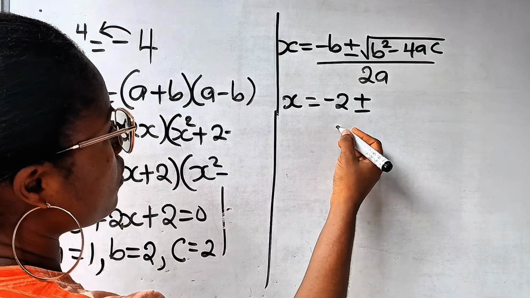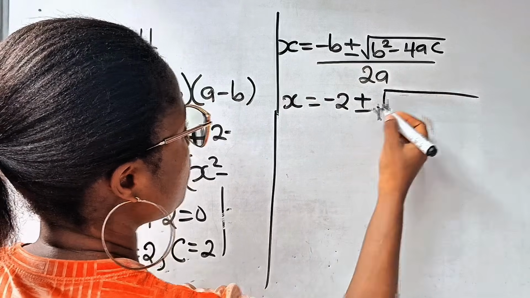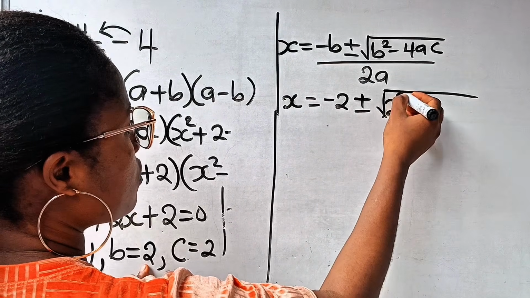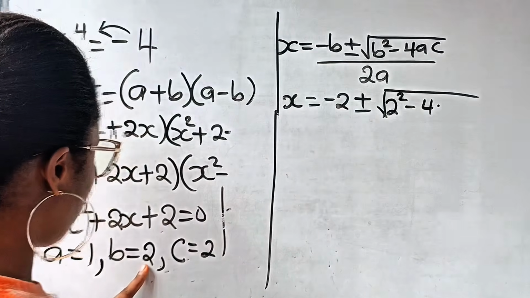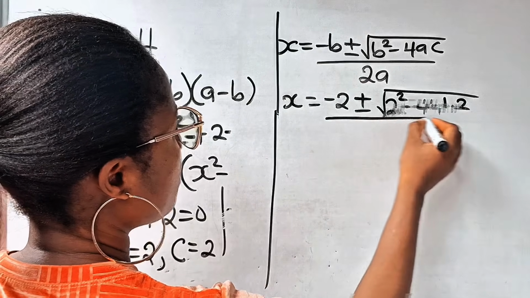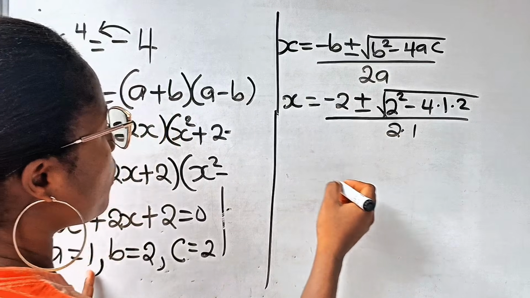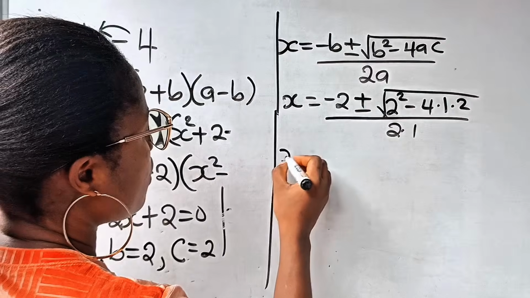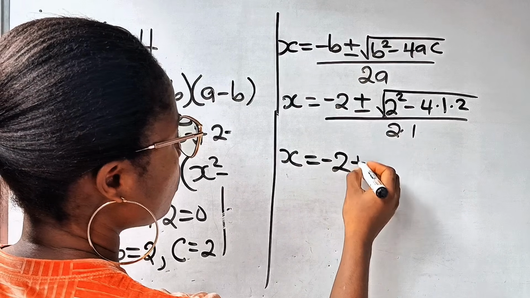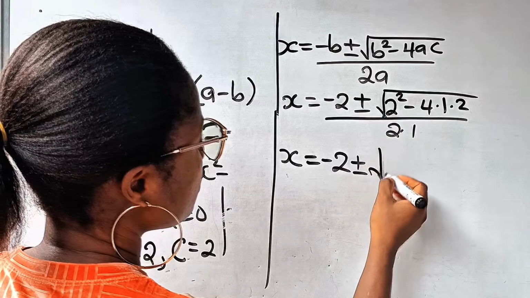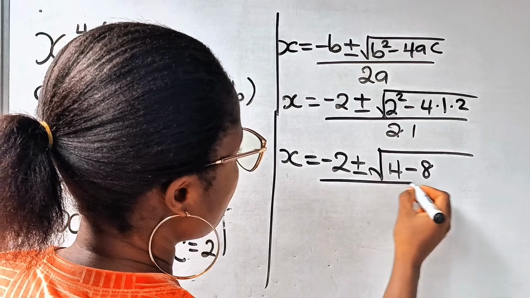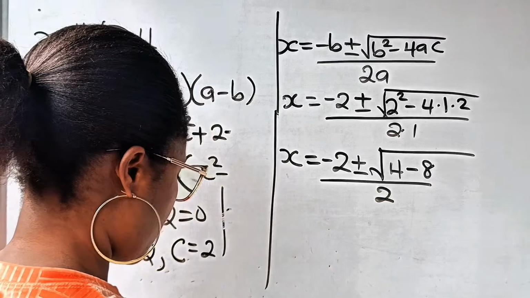So plus or minus the square root of 2 squared, since our b is 2, minus 4 multiplied by our a, which is 1, and our c, which is 2, divided by 2 multiplied by 1. So our x will be equal to minus 2 plus or minus the square root of 4 minus 8, everything divided by 2.